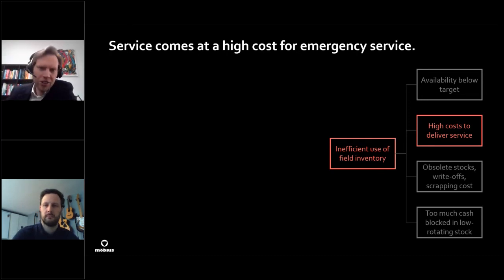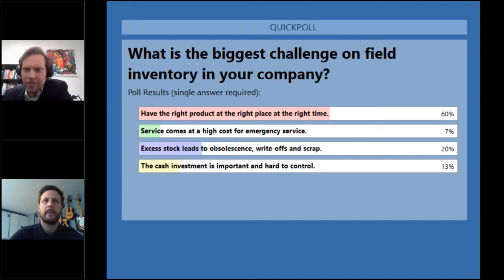We would like to check with you what the main symptoms are for you. What are the challenges that you have if you look at these different types of issues? So let's share the results quickly. 60% of you see as biggest issue having the right product at the right place at the right time.